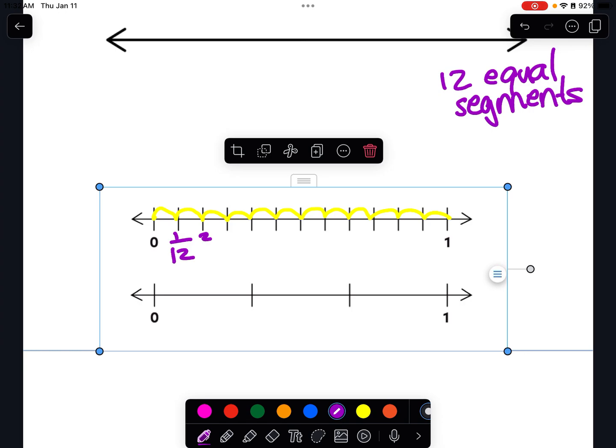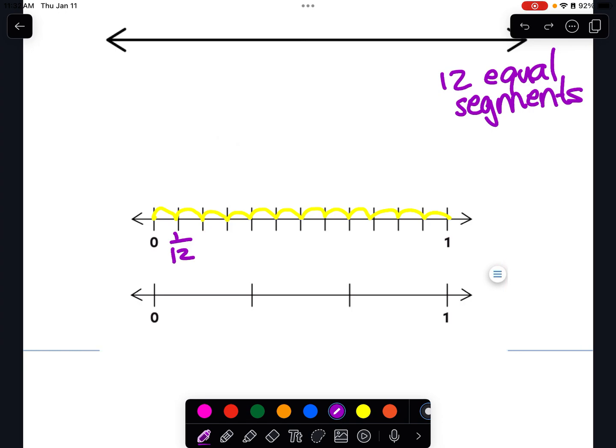I can't write so small for this number line. Let me try again. This is 1/12. This is 2/12. This is 3/12. This is 4/12. Oh my goodness. And then this is 5/12, 6/12, 7/12, 8/12.